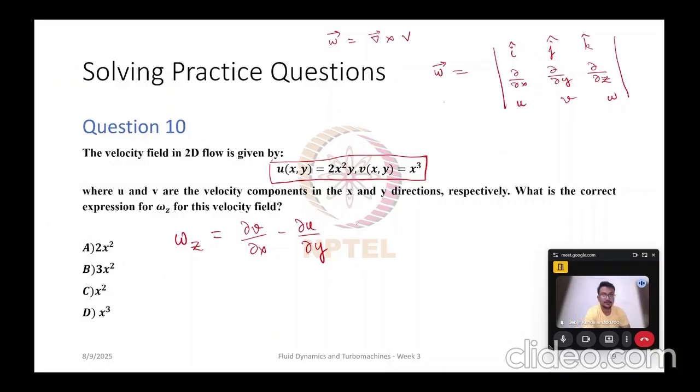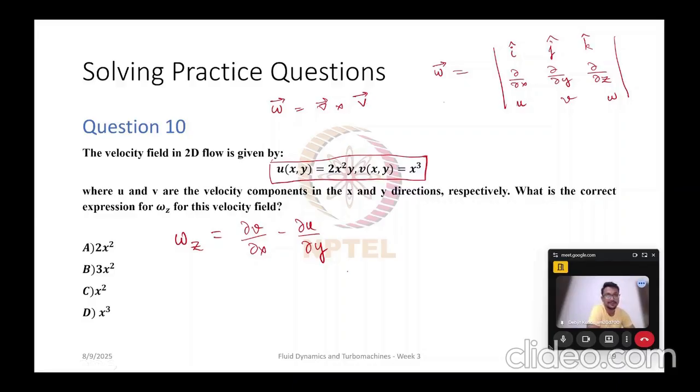Okay, maybe I should move down a bit. So the vorticity is expressed as the curl of the velocity, capital V. I kept making the same mistake.